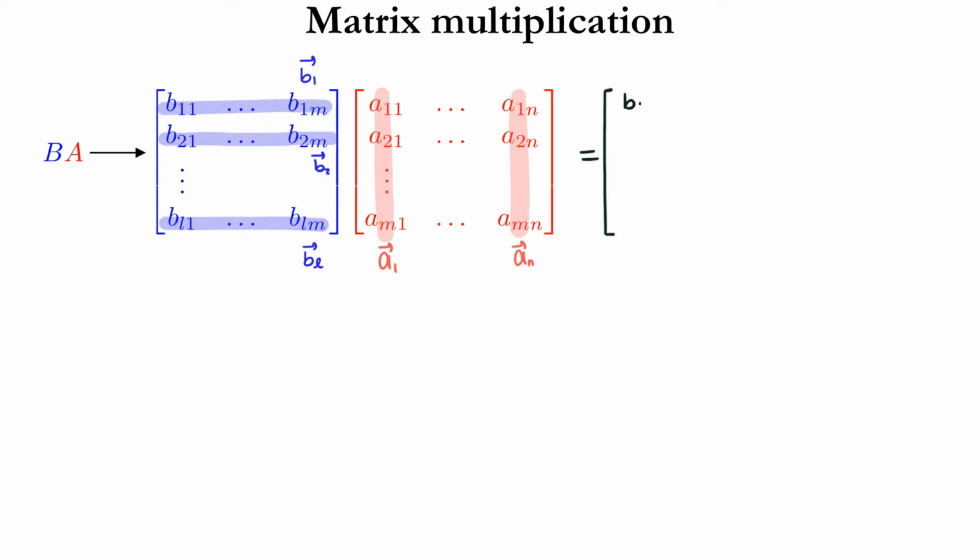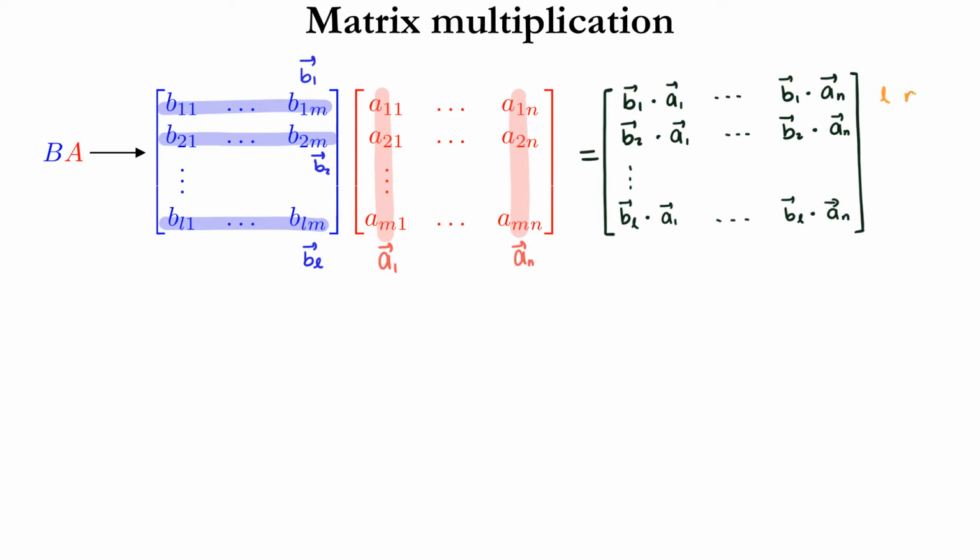The first row of the matrix BA contains the vector B1 dotted with every column of A. The second row contains the vector B2 dotted with every column of A, and the last row contains the vector BL dotted with every column of A. This results in L rows and n columns, meaning that the resultant matrix is L by n.